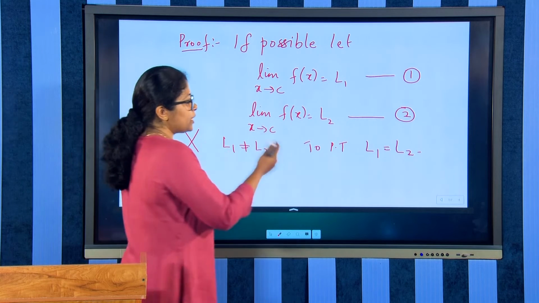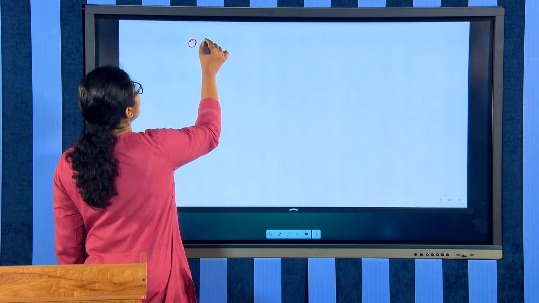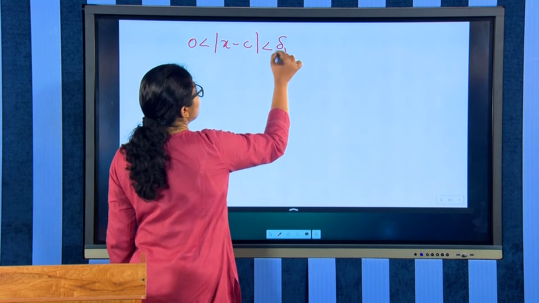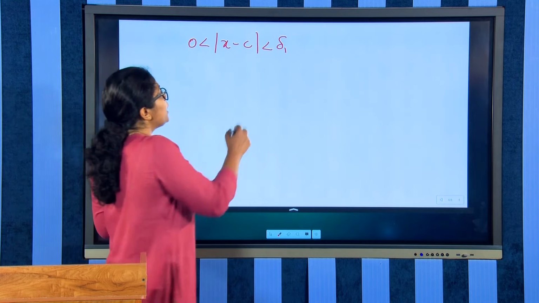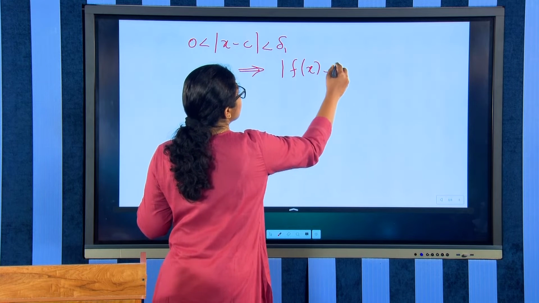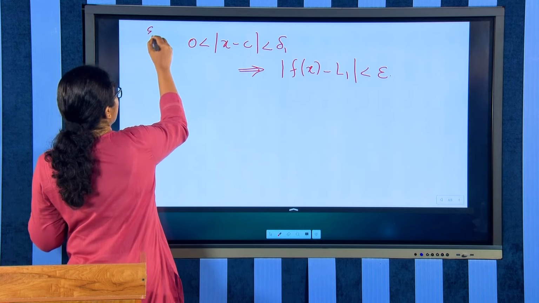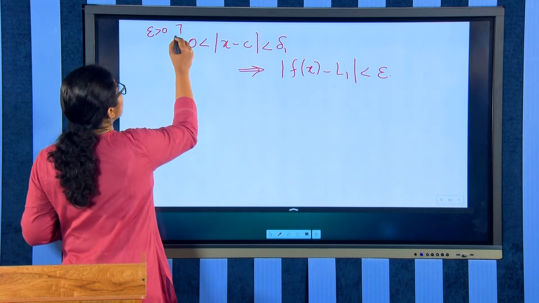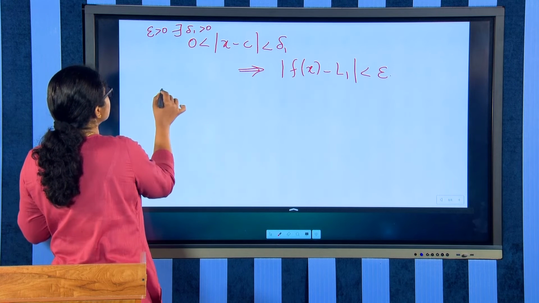So, by using the definition that we have seen in the slide, 0 less than modulus of x minus c less than delta 1, because we have assumed the function has two limits, implies modulus of f of x minus L1 is less than epsilon, given epsilon greater than 0. So there exists a delta 1 greater than 0 such that, I am not writing the full details.